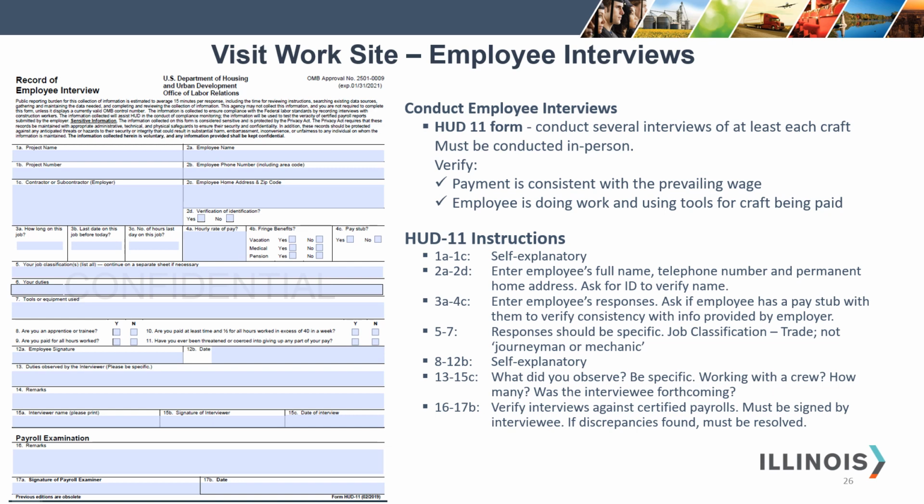Was the interviewee forthcoming? Make notes, be as specific as you can be. Items 16 to 17B, verify interviews against certified payrolls. And this must be signed by the interviewee. If discrepancies are found, they must be resolved.